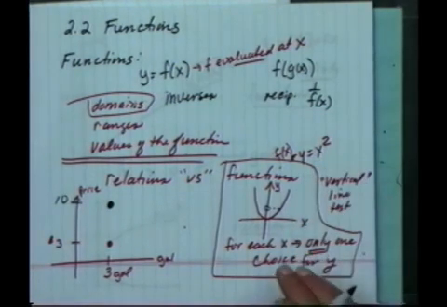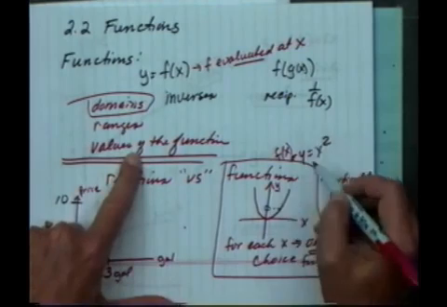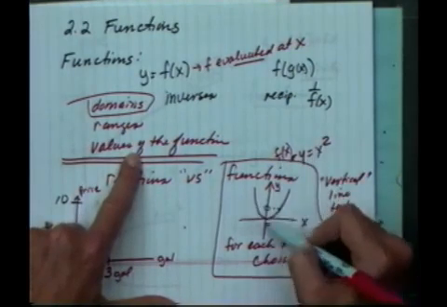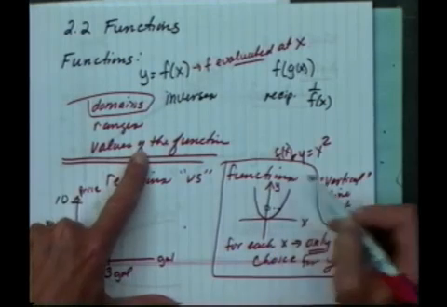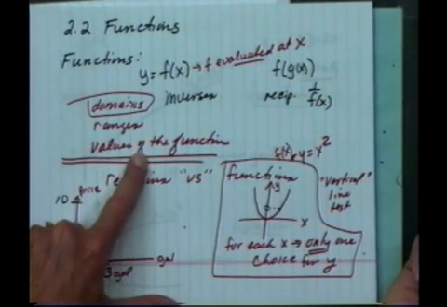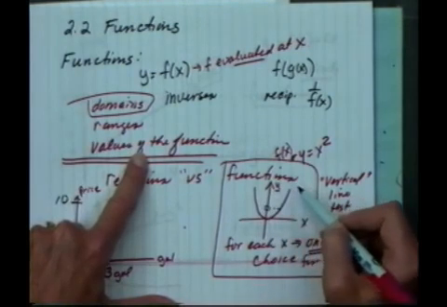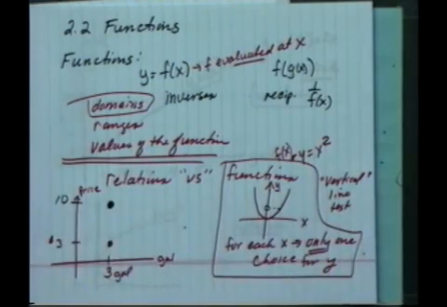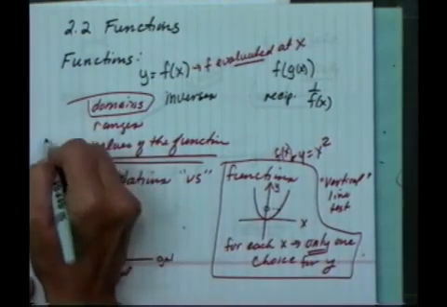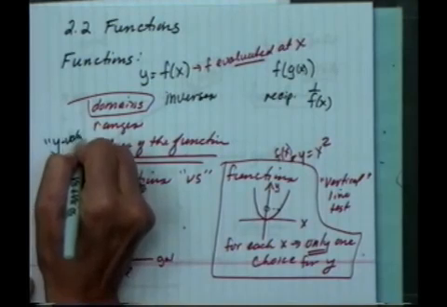It's good. Okay. Suppose I want to know the value of this function at 3. What does it mean when I ask for the value of the function? The y value. Thank you. The value of the function means what is the y value?